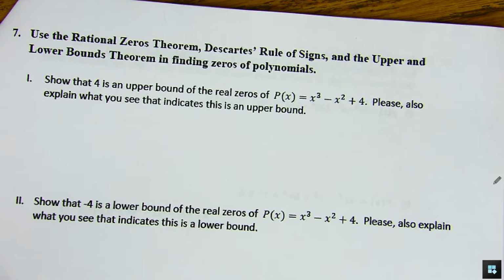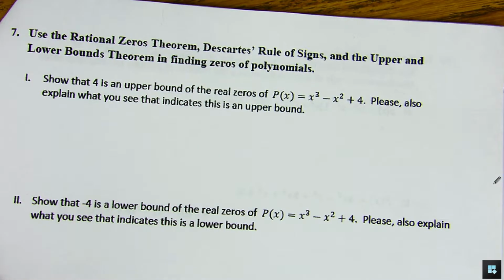Use the rational root theorem, Descartes' rule of signs, upper lower bounds theorem to find zeros. Okay, show that 4 is an upper bound. To determine upper bound, you need to see that they all are positive. So that's how we determine an upper bound.